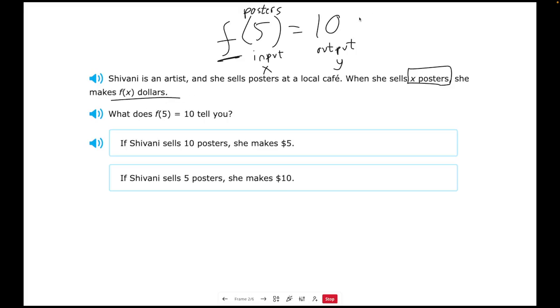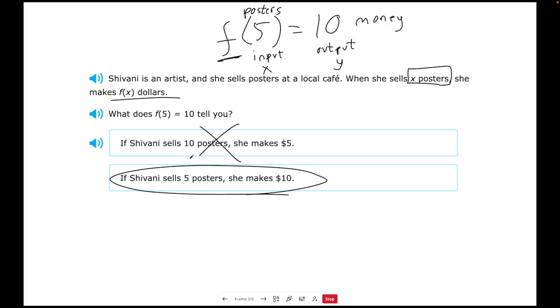So this is how much money she makes. So now let's put words to this. She sells 5 posters, she makes $10. Okay? So sells 5 posters, makes $10. And you'll notice that for this answer, this is reversed. Okay? That one's backwards.